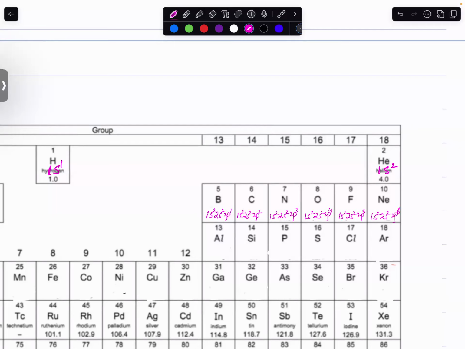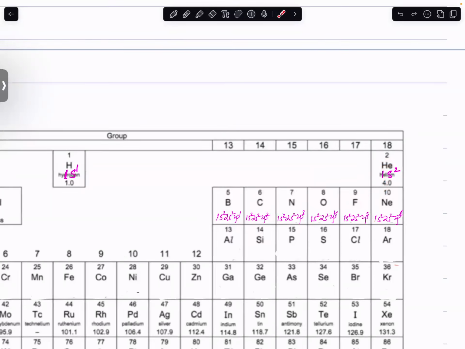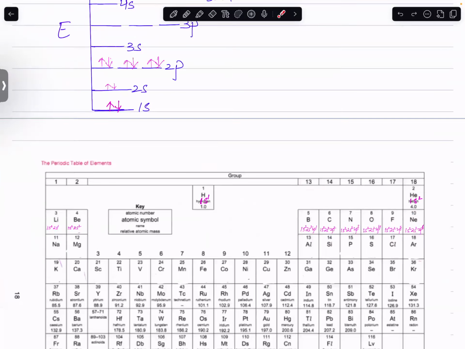Right? So if I write the shorthand, it would be helium 2s2, 2p1, and so on. Instead of 1s2, what you are supposed to write? Helium. Right?